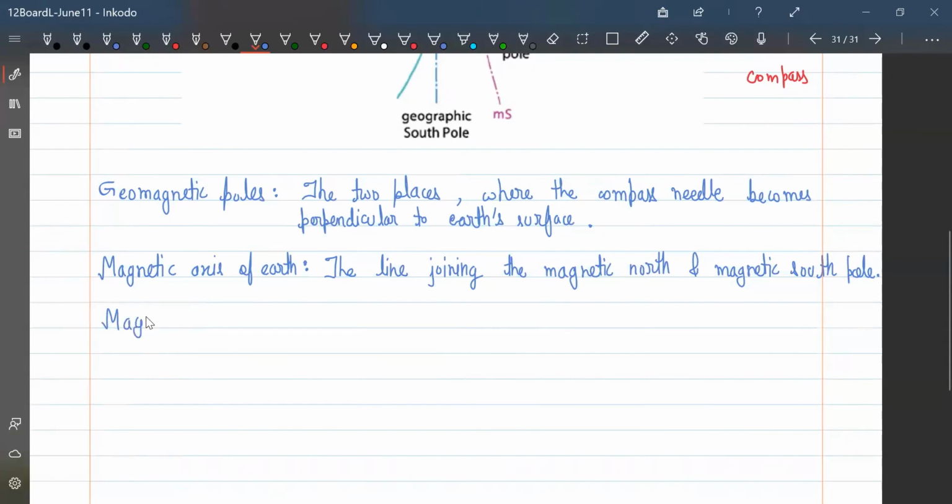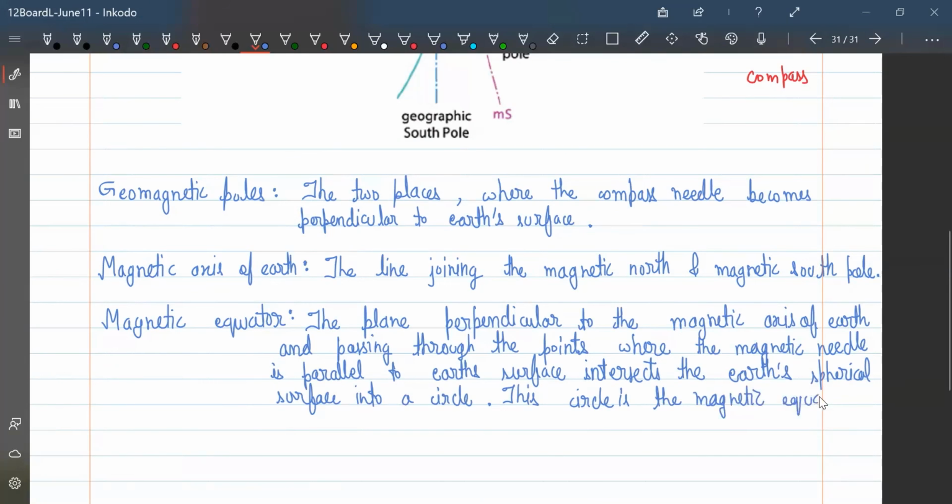Next is the magnetic equator. The magnetic equator is a circle which is perpendicular to the magnetic axis of the Earth. These are the definitions that you should know.